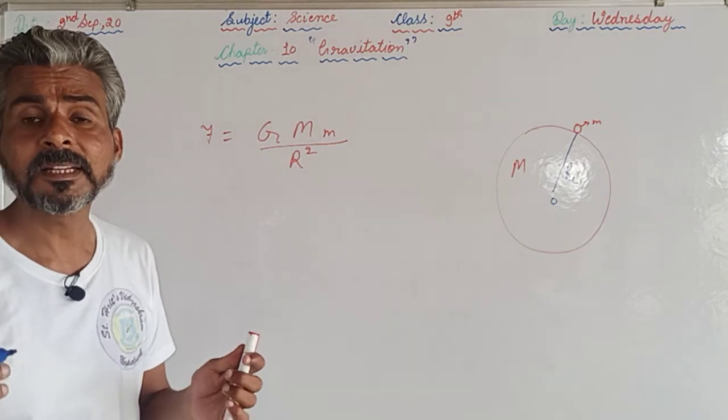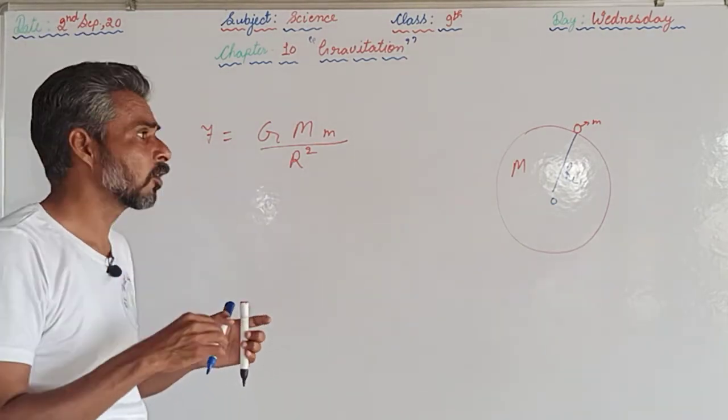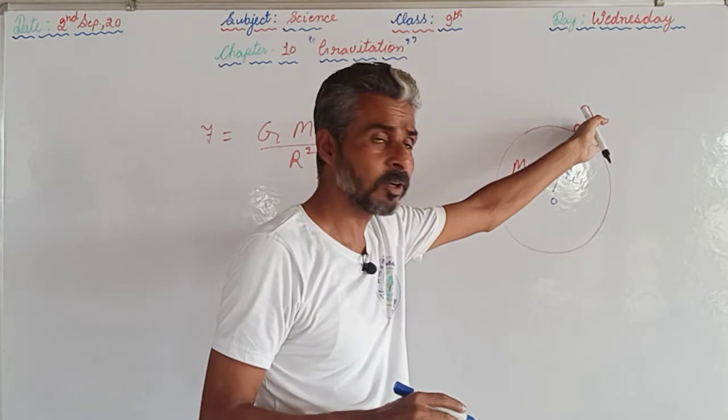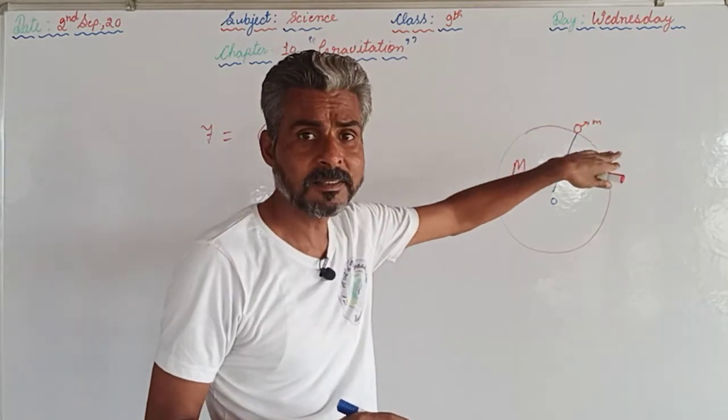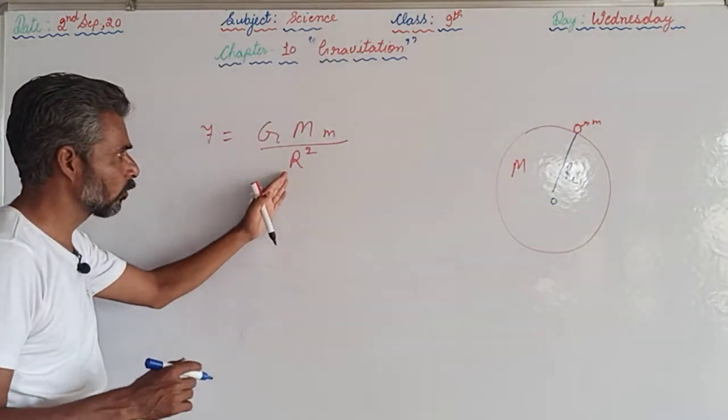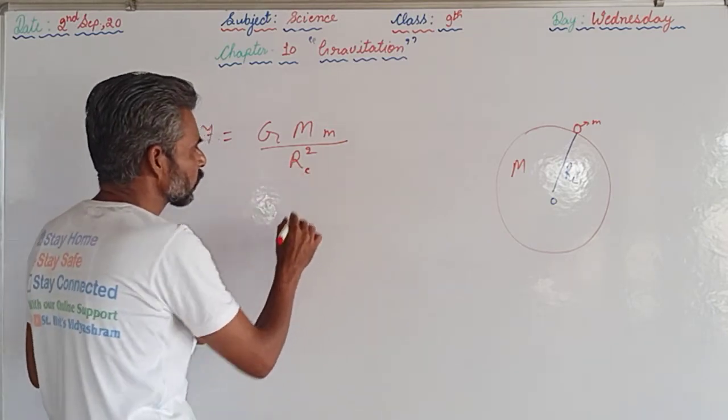That is very large as compared to the height of any object, as we are seeing the object here. So that distance doesn't matter. So here we are taking only RE, meaning the radius of the earth.